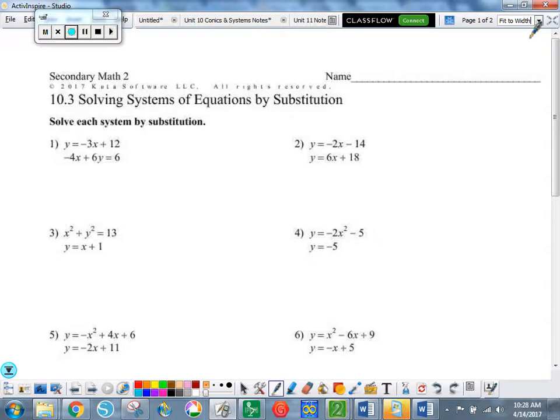Finish up the problem you're on, and then will you jump to problem 4 and try that one? Everybody should be doing either problem number 1 or problem number 4. If they're on 4, that's because I just finished.